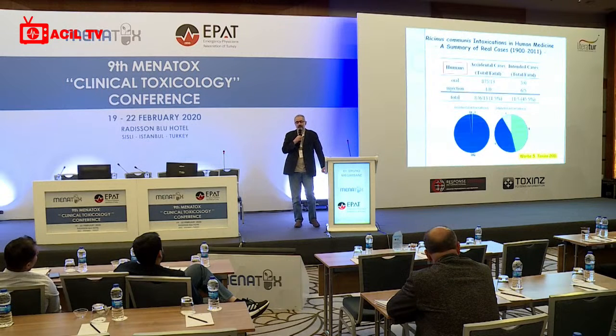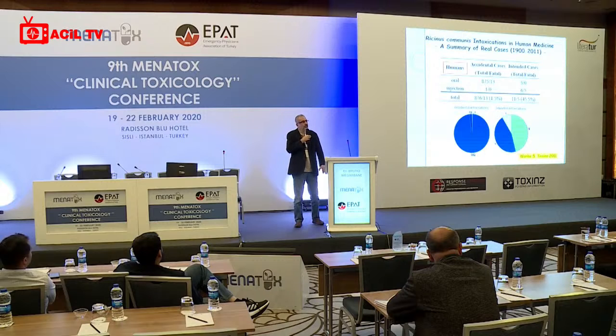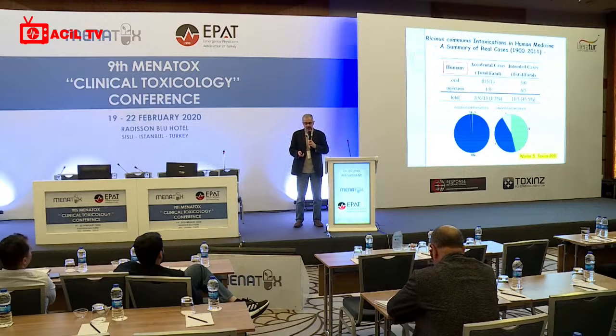Most of them are accidental and by oral route, but there are some intended cases and some cases by injection. And you see that in the majority, the accidental oral cases are benign without death, while almost all the fatalities occur if the patient injects the ricin, and mainly in a voluntary situation to suicide.